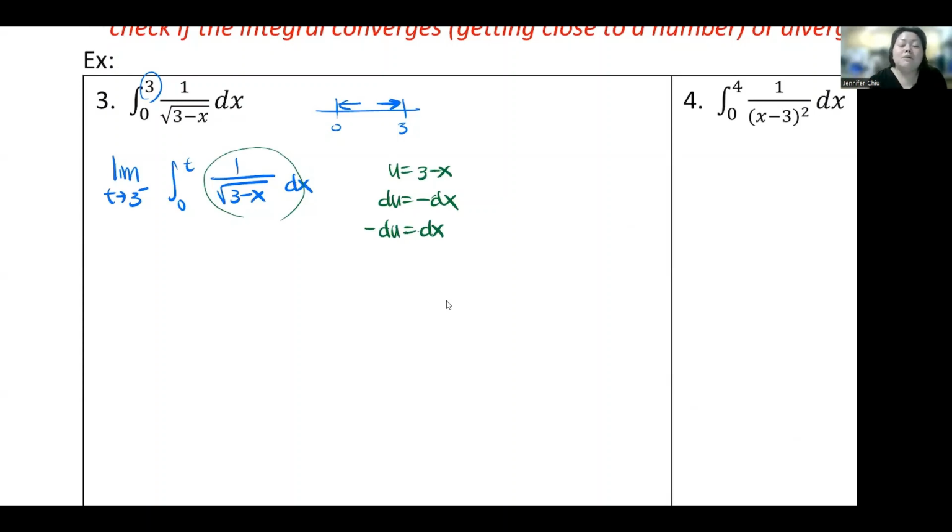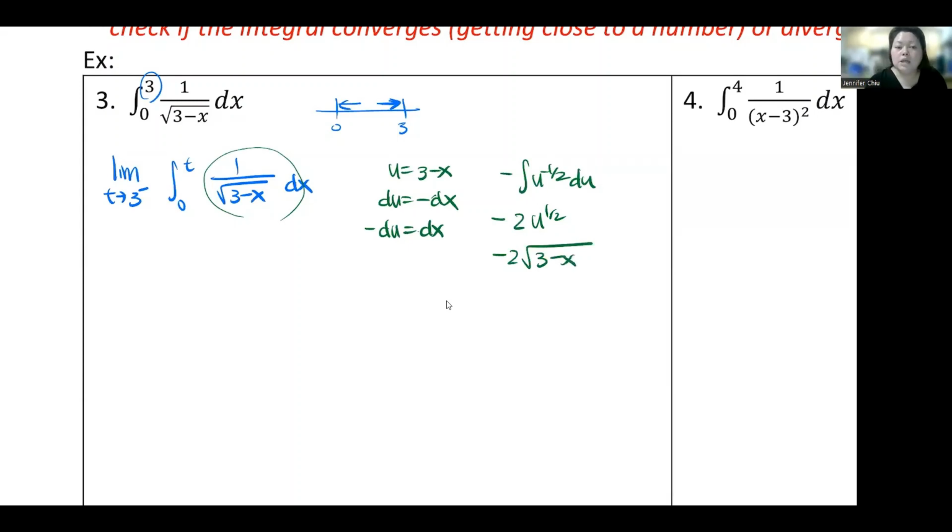So what I would do is I would actually do the u sub integration right here and then bring back my x as my original function. So this now becomes negative u to the negative 1/2 du. And so when I take the antiderivative, I get negative u to the 1/2 times 2. So this is really negative 2 square root of 3 minus x for this antiderivative, right?